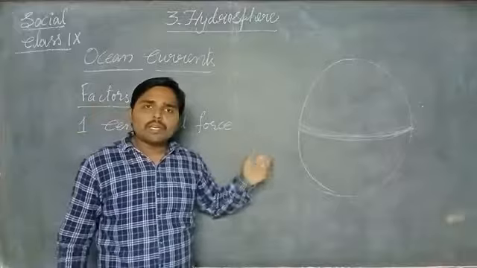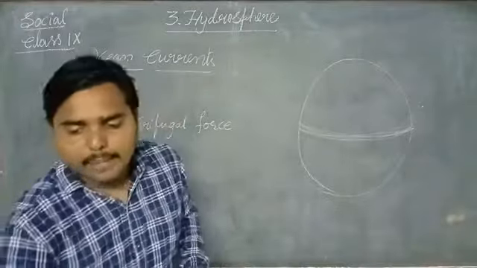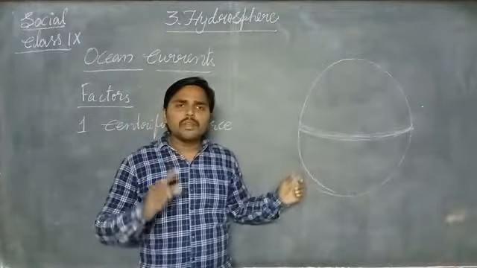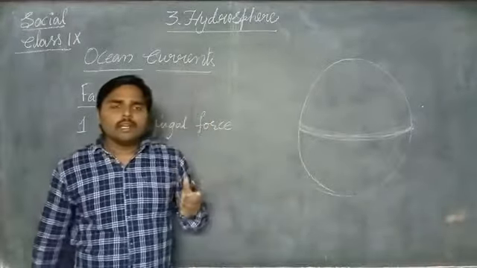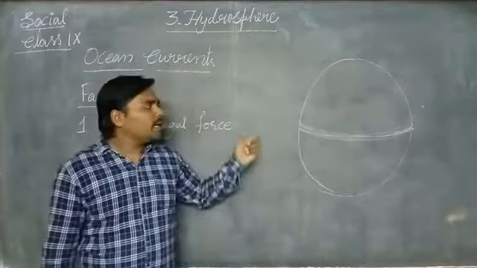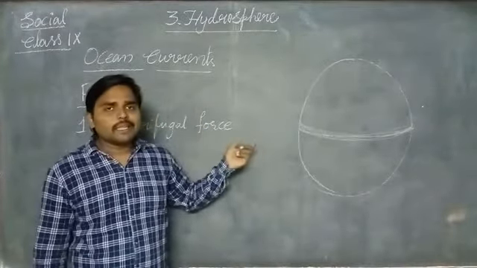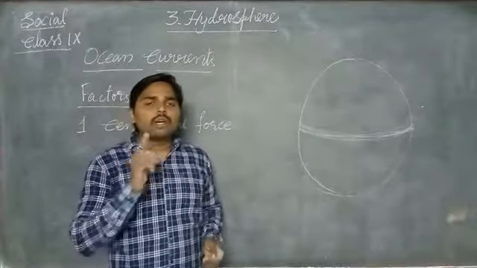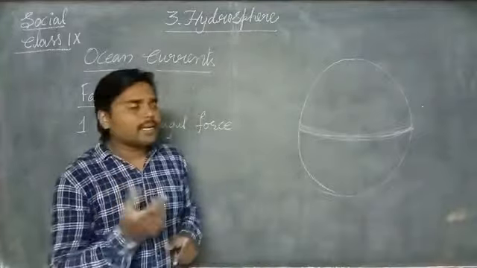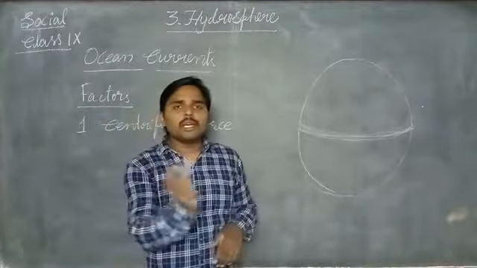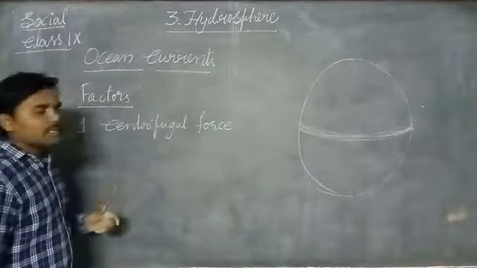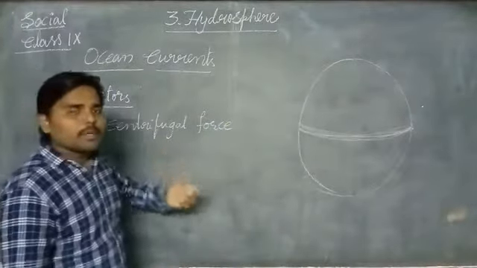Whenever the revolution happens, the earth is continuously revolving around the sun and itself. During the revolving of earth, the oceans also revolve along with the earth. Due to this movement, due to the revolution and the rotation of the earth, the water currents or the oceanic currents are formed.